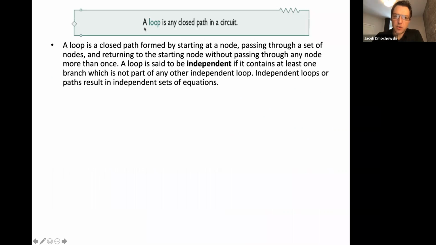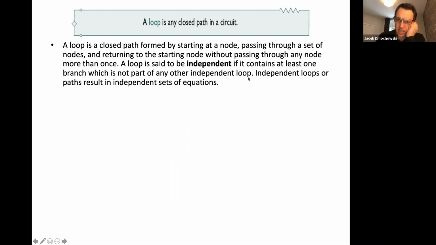And a loop is the third entity in circuits. So a loop is a closed path starting at a node, passing through some other nodes, and returning to the starting point without passing through any node more than once. Right? So this is a little bit verbose here, but a loop is said to be independent if it contains at least one branch, which is not part of any other independent loops.